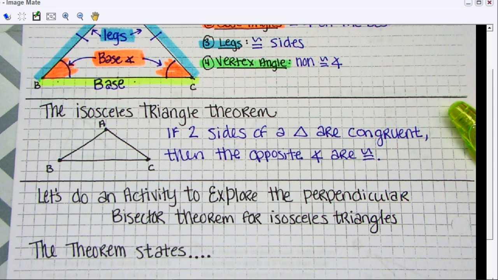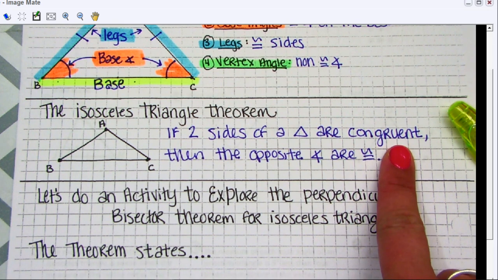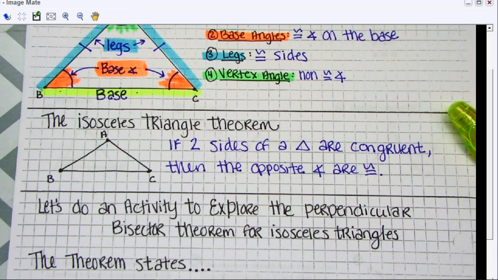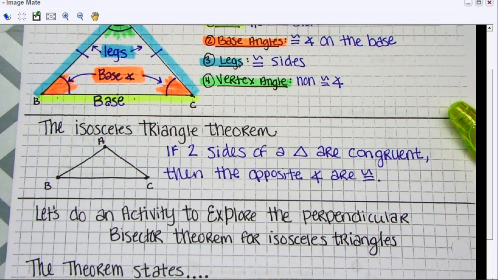So let's start with the first part. Two sides of a triangle are congruent. What do we call the congruent sides of an isosceles triangle? The two that are equal.